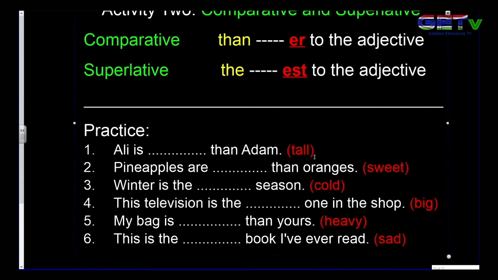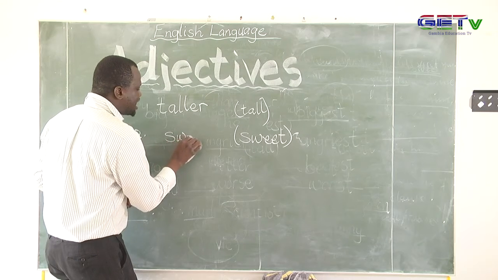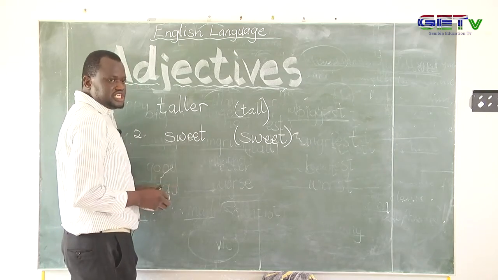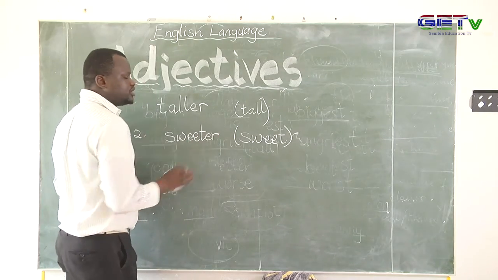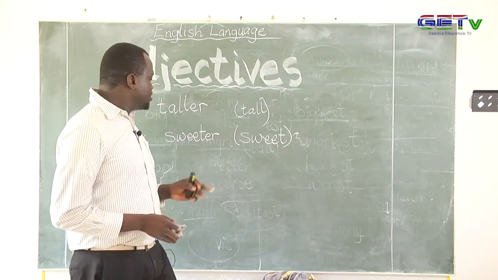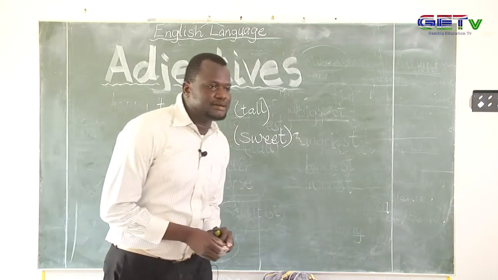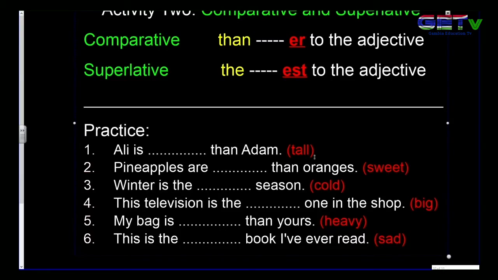So therefore we are going to use the comparative. And when we use the comparative, we add er to the adjective. So when we add er to the adjective sweet, the word becomes sweeter. So when we put sweeter in the blank, our sentence now becomes pineapples are sweeter than oranges.